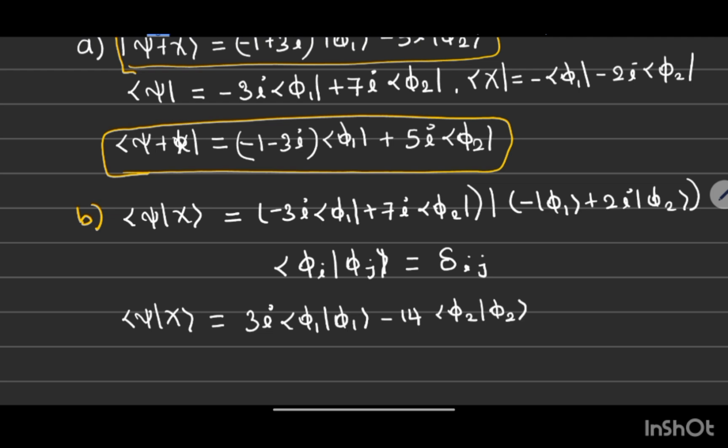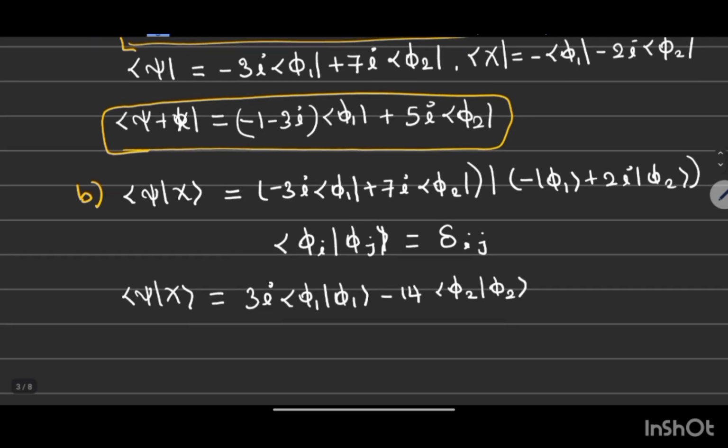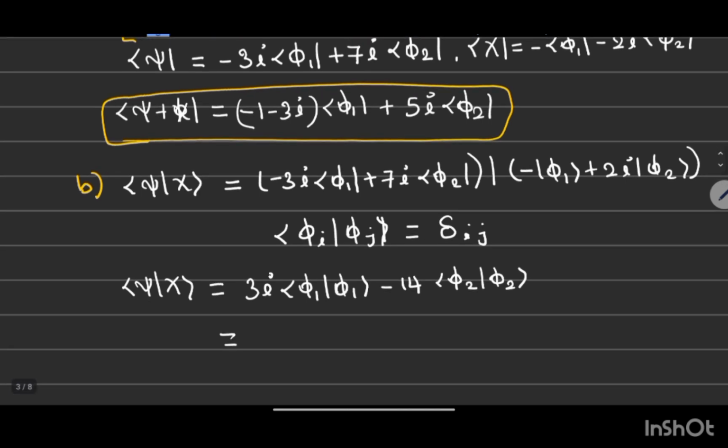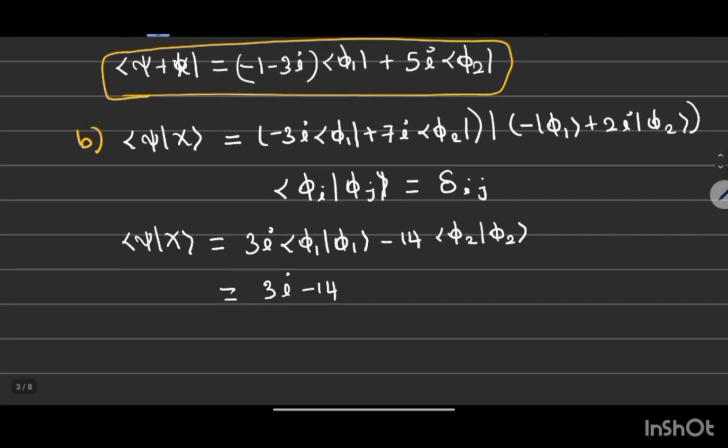We know these two are base vectors and they are normalized vectors. This will give you 1, so it is 3i minus 14. So the answer is, since it is an inner product, your result is just a complex number, a constant, minus 14 plus 3i, just a constant.